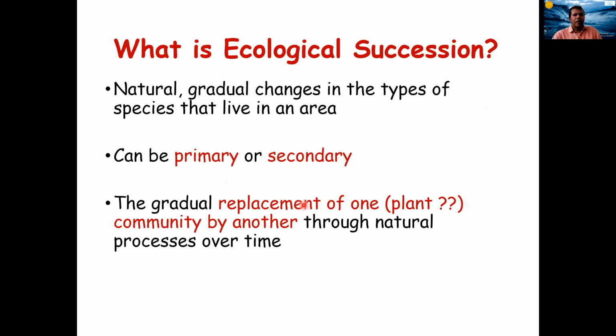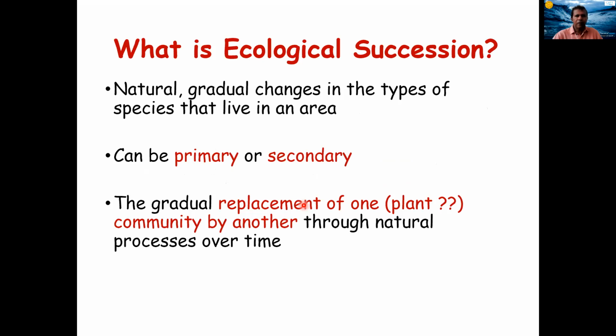Without that, we wouldn't have the forest regrown. If there is any damage somewhere, you wouldn't have it recovered. Or if there are new surfaces on Earth, there wouldn't be any communities developed there.